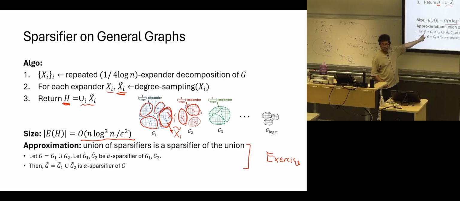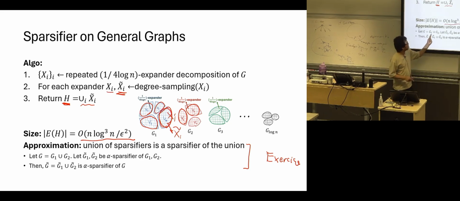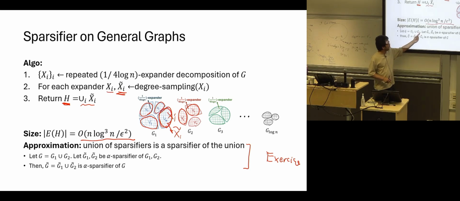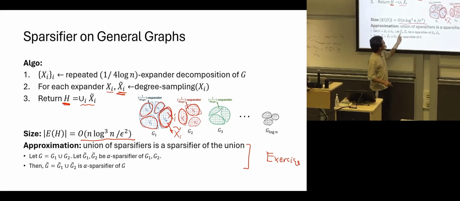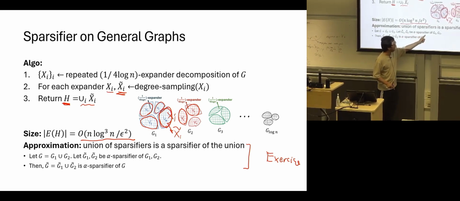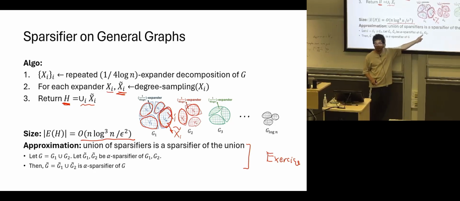If you have a graph, and I partition the edge set of this graph into 2 parts, let's call them G1 and G2. Then I sparsify each of them separately. Let G1 theta and G2 theta be alpha sparsifiers of G1 and G2 respectively.